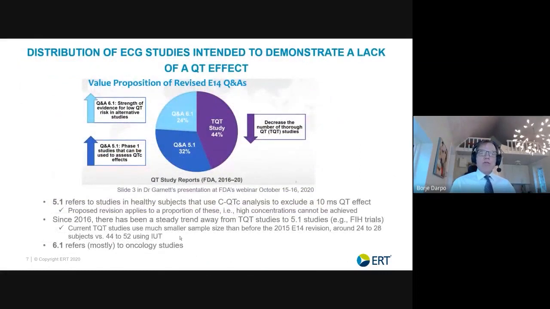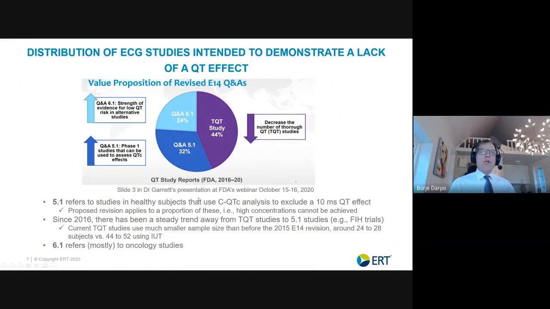This is a slide also shown at the public webinar showing the distribution of studies intended to demonstrate that a drug does not have much of a QTc effect. So around 40% of the studies between 2016 and 2020 were therapeutic studies, meaning studies with a positive control and a supratherapeutic dose or concentration.